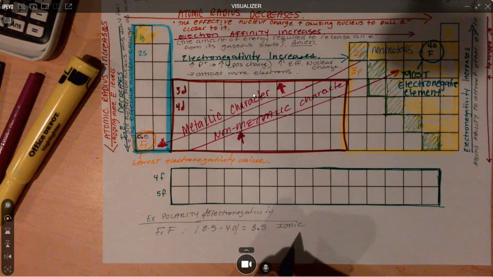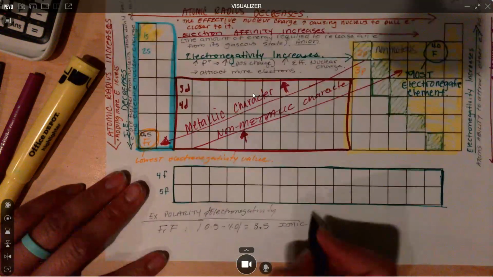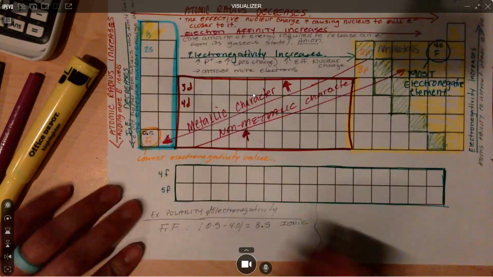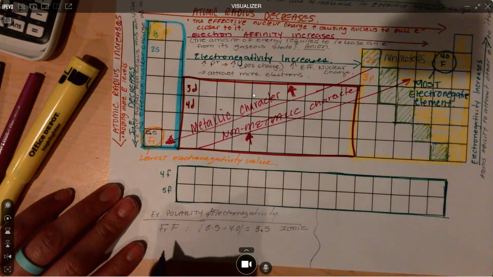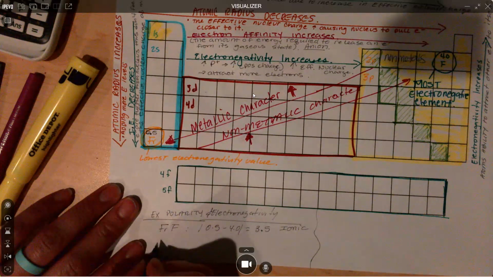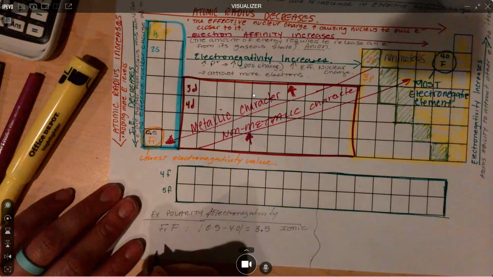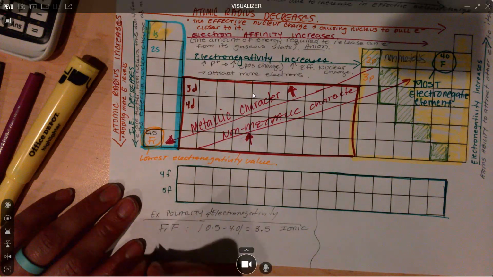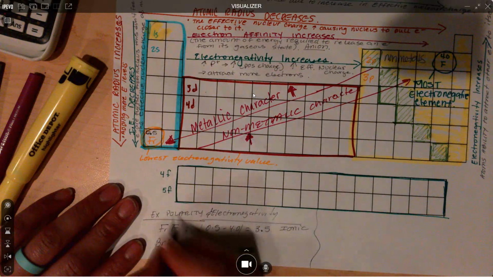Ionic molecules transfer electrons and covalent ones share. So an example of a covalent one would probably be, let's just make one up here: bromine and fluorine combined together.